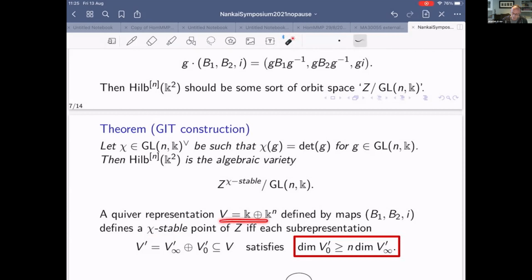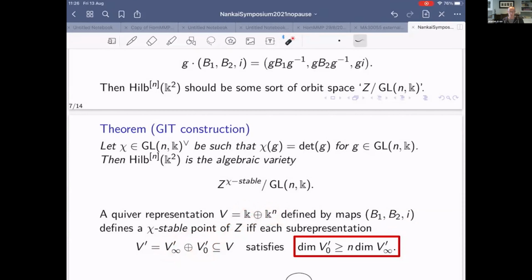So I've got this V, and I'm interested in a sub-representation of V. What this means is that this vector space is a subspace of this one-dimensional vector space, and this vector space is a subspace of this n-dimensional vector space. And moreover, the maps in V prime are simply obtained from these maps by restriction.